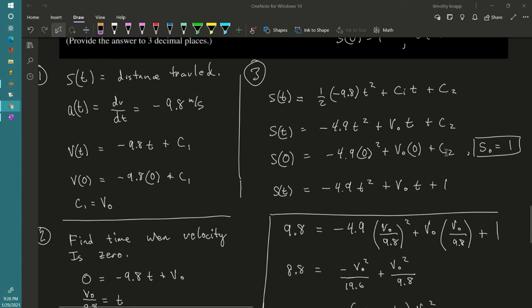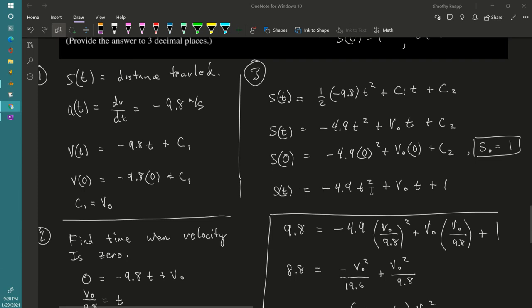Remember, my C2 is 1 because my initial position is 1, and so I'm going to put that right there because this is actually going to be your initial position, okay? Because if I evaluate S at 0, all these terms go away, and this is the initial position. Remember up here, it said that the ball was thrown from 1 meter. So that's where that 1 comes from.